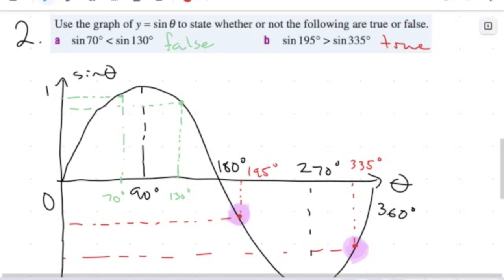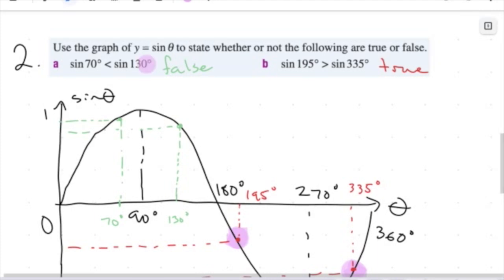And all I'm doing here is putting in a theta value, a value on my horizontal axis, drawing a line up to my graph, and then mapping out where that reaches on my y-axis. And this is how we're going to start to use these graphs to determine which ratios are bigger than others.